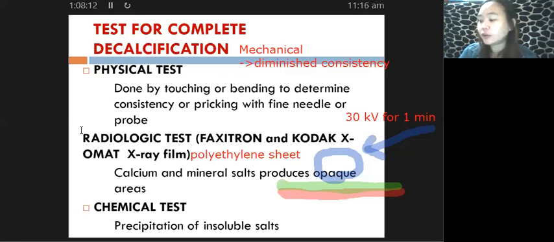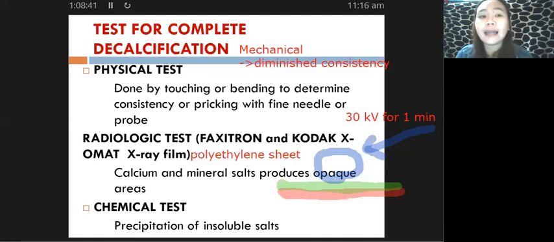However, take note that your radiologic test is considered the most ideal, most sensitive, and most reliable test out of the three. Out of the three, it's the best, but also the most expensive. So you have to consider these factors when you want to perform radiologic testing for complete decalcification.